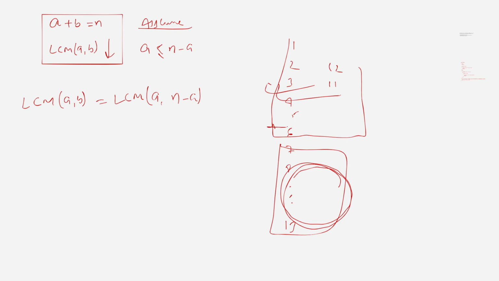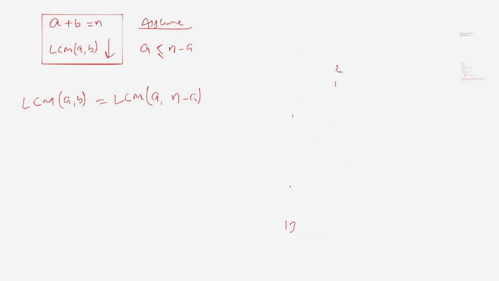Now see the proof here. Let's say there are two cases. If the given n is divisible by this a, and if n is divisible by a, can I say n minus a is also divisible by a?